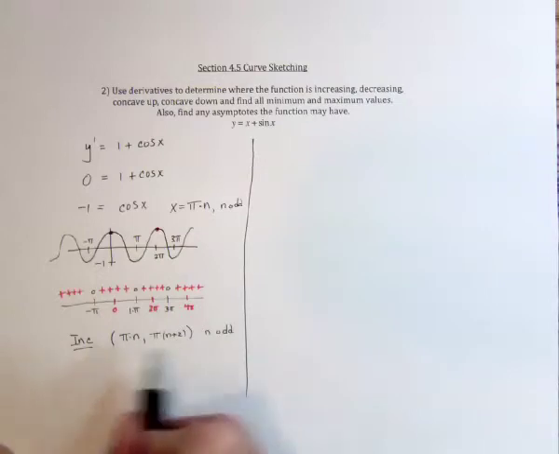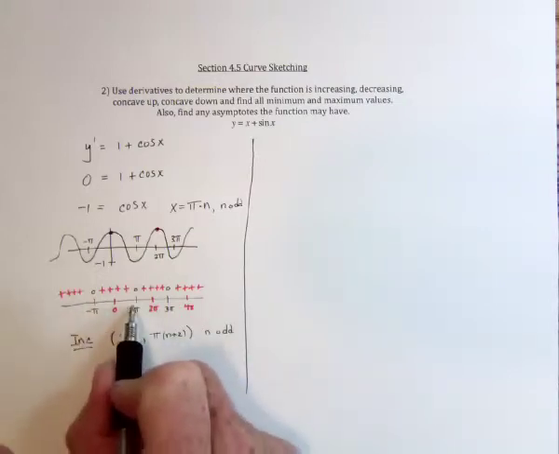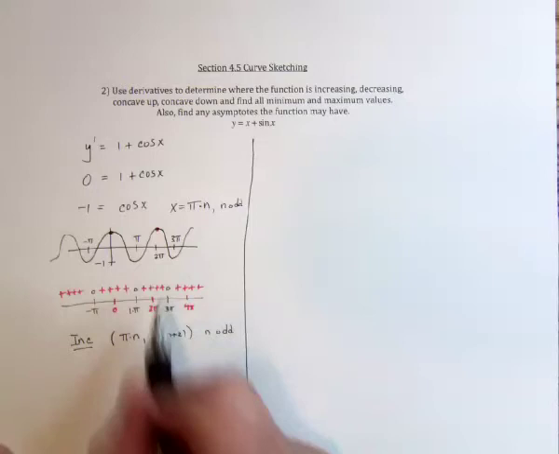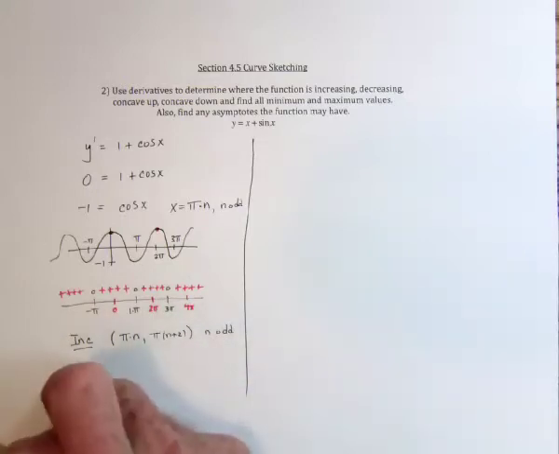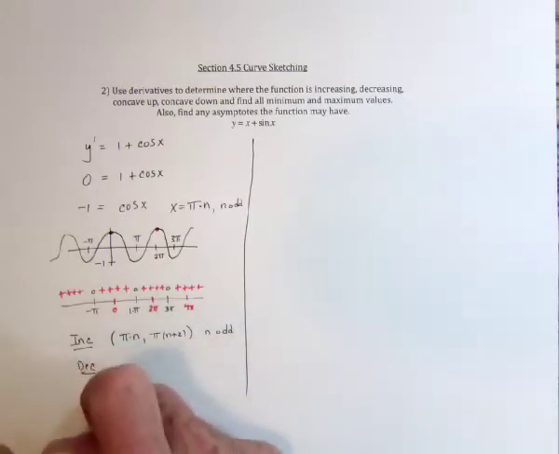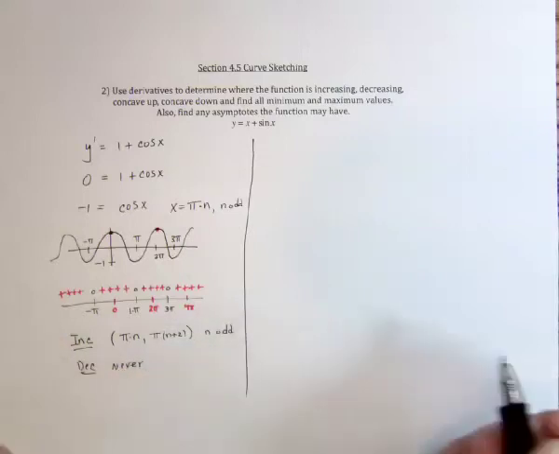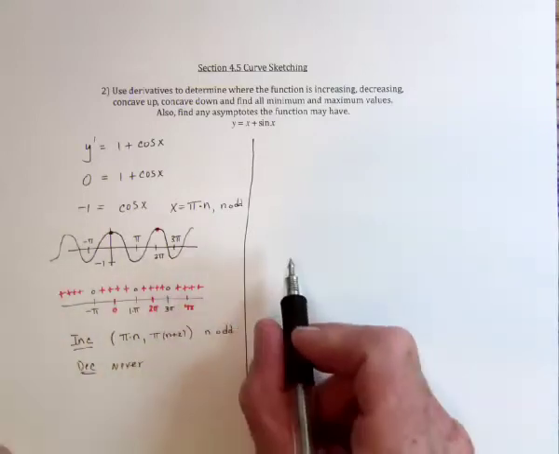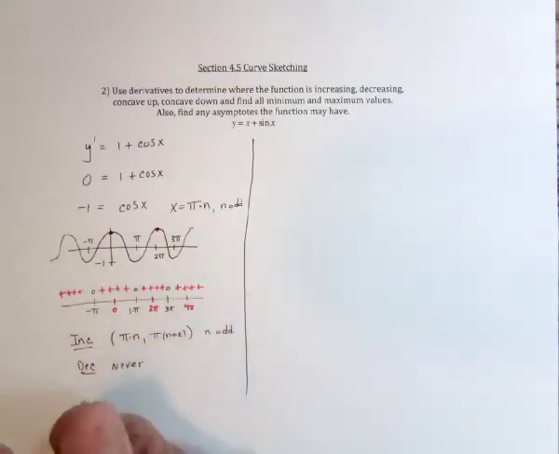But I put round parentheses, so it's not actually including these pi's, because that's where the derivative equals 0. It's not increasing. And then decreasing, never. And since it's always going up, it doesn't have a maximum or a minimum.